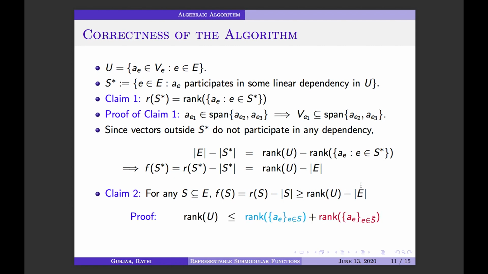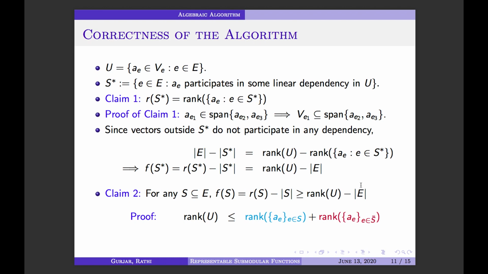Again the proof is pretty straightforward. First, we split the set U into two parts, one containing the vectors corresponding to set S and the other containing the vectors corresponding to set S complement. By the subadditivity of the rank function, we know that rank of U is at most the sum of these two ranks corresponding to set S and S bar.